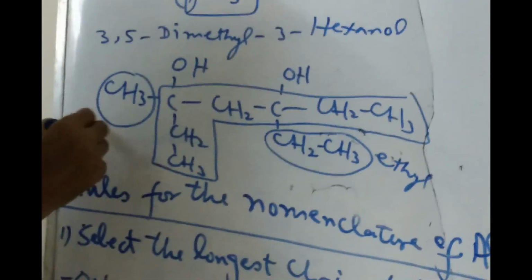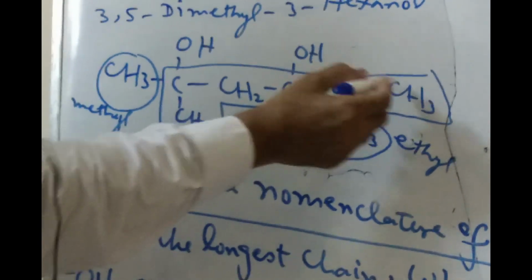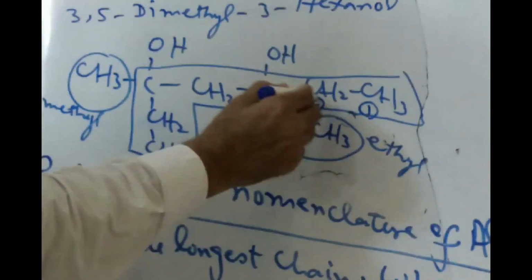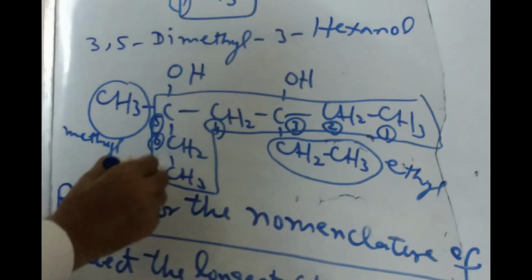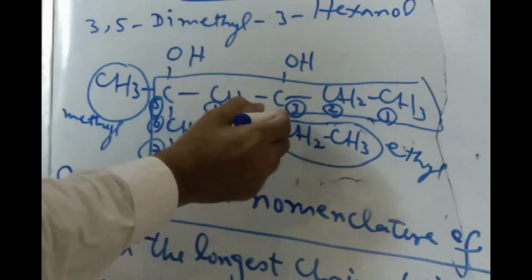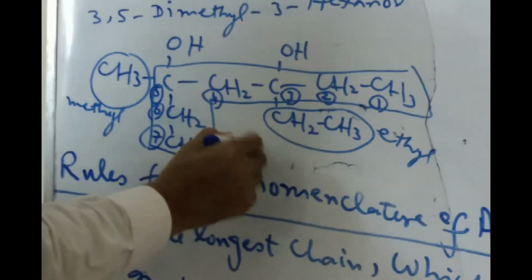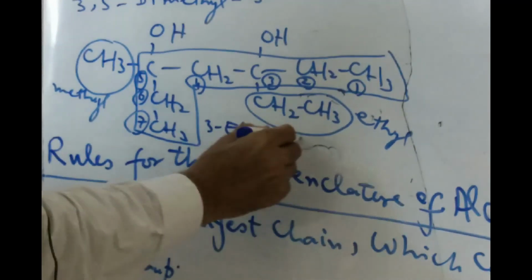So we must start the numbering from this side, 1, 2, 3. Ethyl comes first. So 1, 2, 3, 4, 5, 6, and 7. Now write the name. In this case, ethyl comes first. So this is the 3-ethyl. This is the 5-methyl.